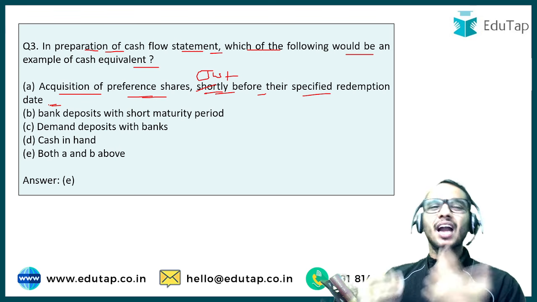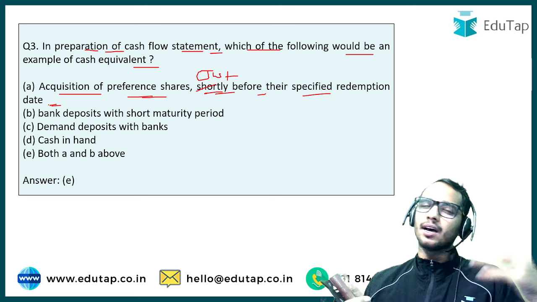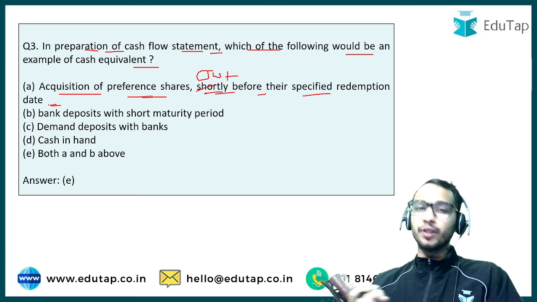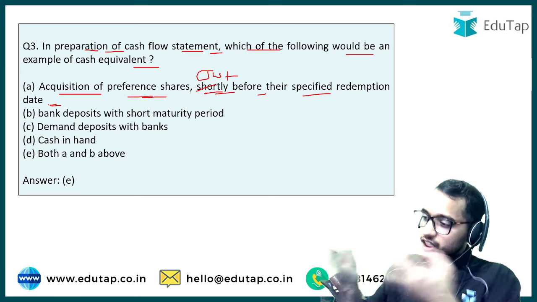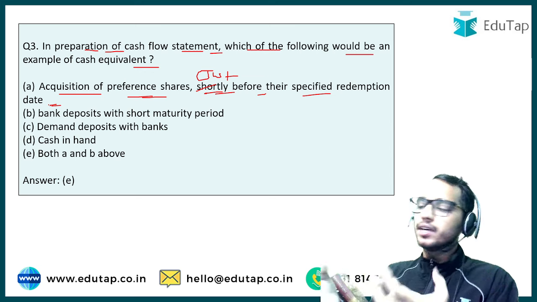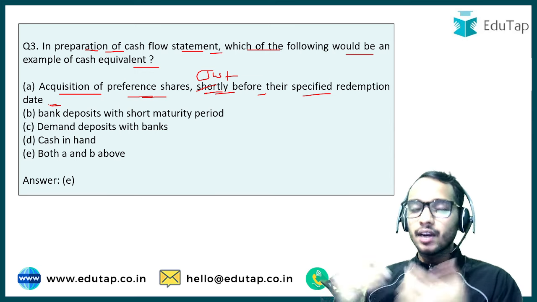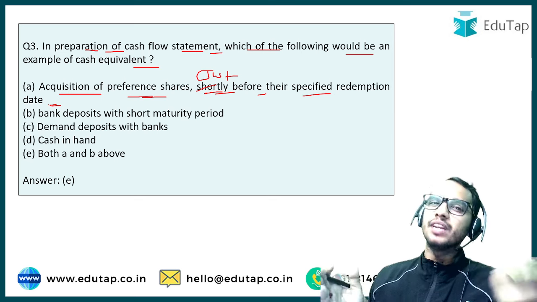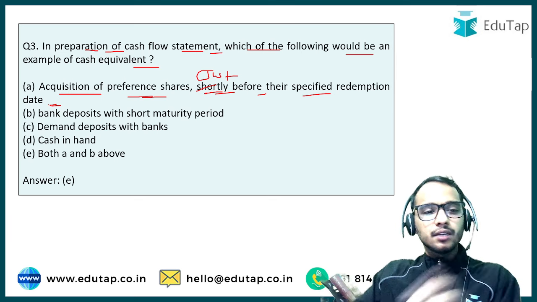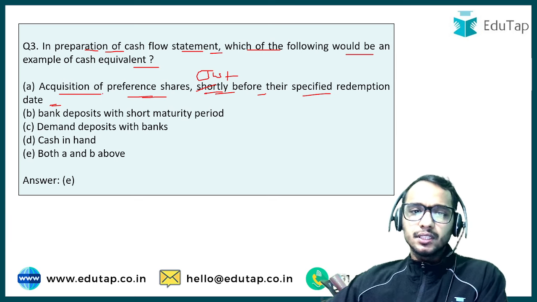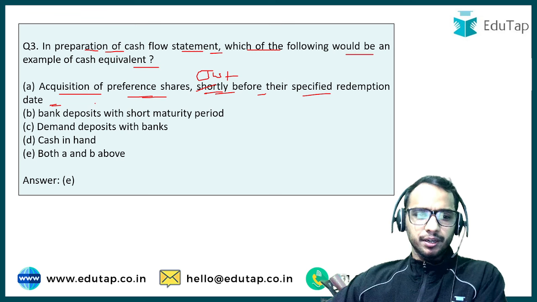And preference shares are basically a kind of secured investment, right? Not the equity shares. So just before the redemption date, you have acquired it. So you can very well convert that into cash. They are readily available and they are not subject to any change because they are not the equity shares, right? So yeah, this can be considered as the cash equivalent.